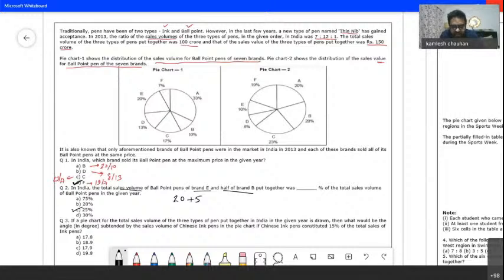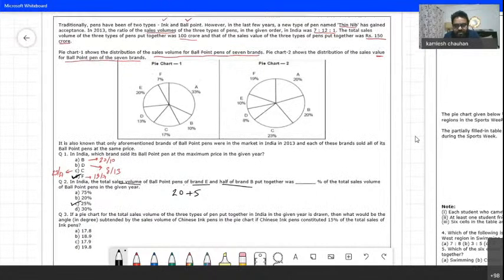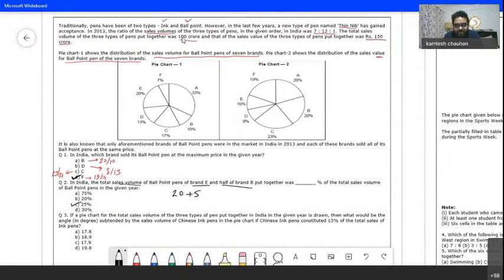If a pie chart of the total sales volume of three types of pens put together in India in the given year is drawn, what would be the angle subtended by the sales volume of Chinese ink pen in the pie chart, if Chinese ink pen constituted 15% of total sales of ink pens? If you see, total sales volume is 100%, out of that, ink pen is 12 out of 30.